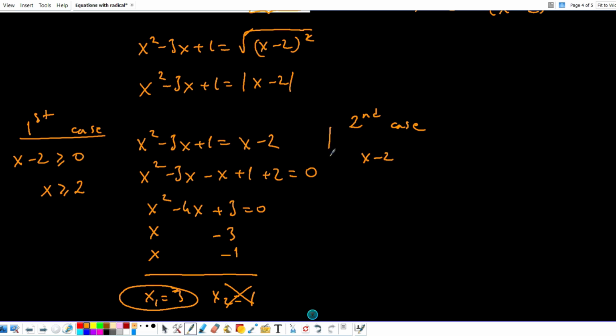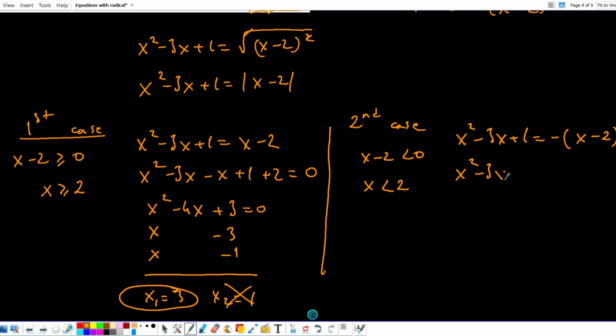If x minus 2 is less than 0, so in this case, x is less than 2. Now let's see what will happen. x squared minus 3x plus 1 is equal to, now I need to take out from absolute value with minus in front of it, and it will be minus (x minus 2). Then x squared minus 3x plus 1 is equal to minus x, minus and minus will be plus 2.